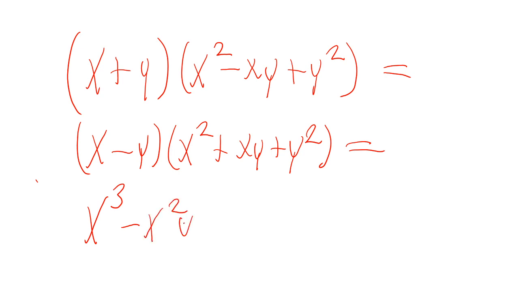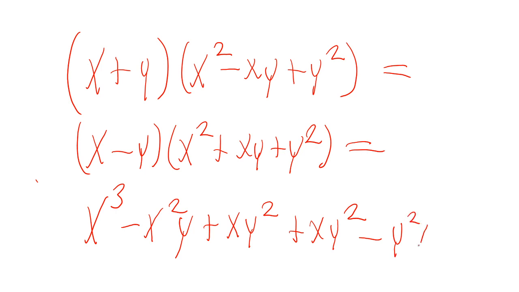Then we add on the y, and we have plus xy squared. Now we move on to the y. We have plus xy squared. We have minus y squared x plus y cubed.